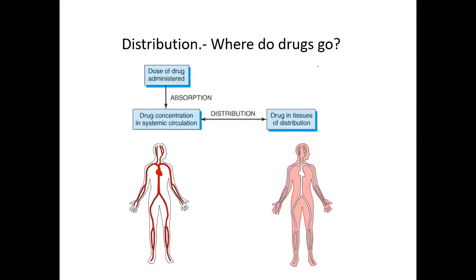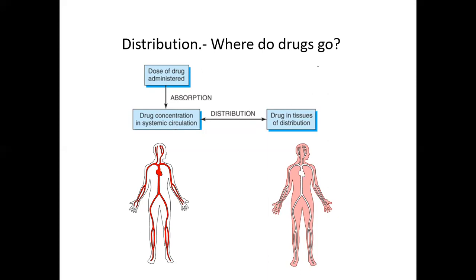So here in this picture you can see, where do these drugs go? Drugs are administered either by enteral, parenteral, or topical routes. And then after absorption, the concentration of the drug in the systemic circulation is increased. So this drug has to get distributed to the organs of choice or to the tissues for action.